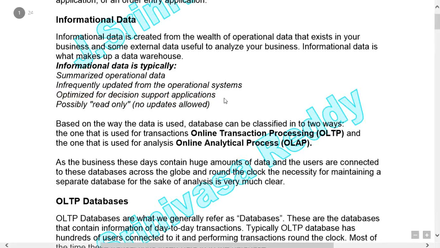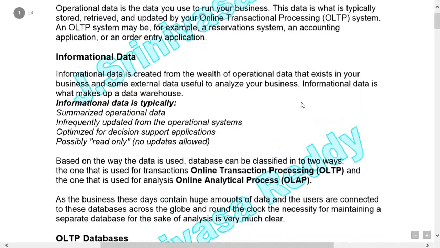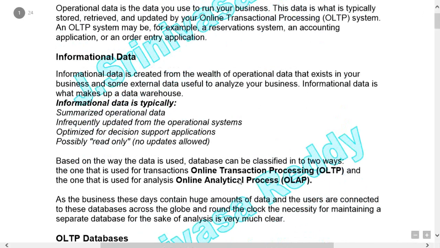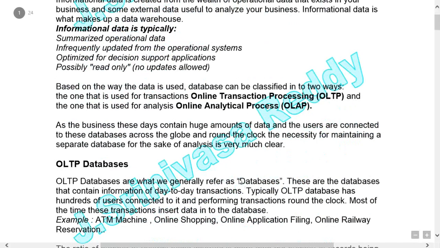Once the data enters the data warehouse, it cannot be modified. That's why it is practically read-only. This is regarding the operational data. This is regarding the informational data, right?